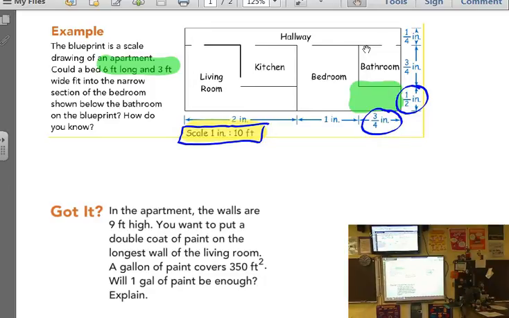All we had to do was measure all my walls. You can solve it a couple different ways.